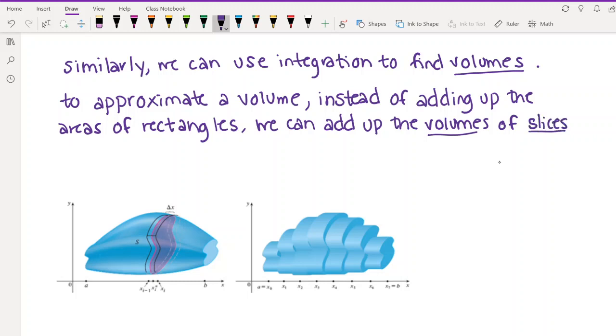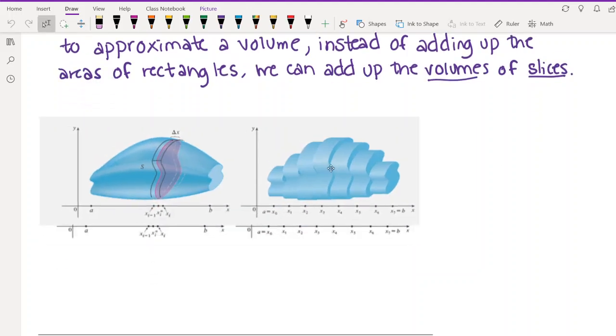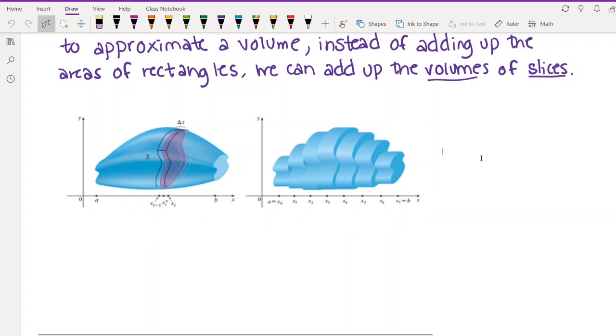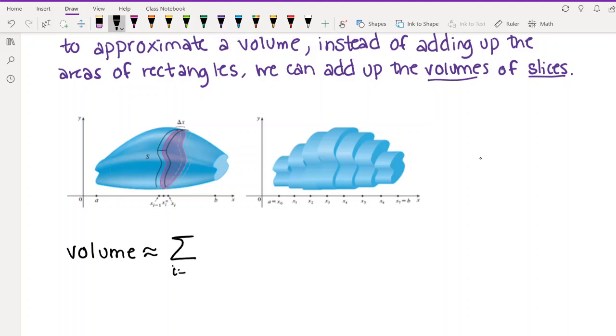You want to think of slices as basically what you see in this picture on the right. Okay, so what is that going to look like, going back to this summation notation? Well, now we could say the volume is going to be approximately equal to, and what we want to put inside of this sum symbol is the volume of each slice, right? Because we want this to represent adding up the volume of the different slices.